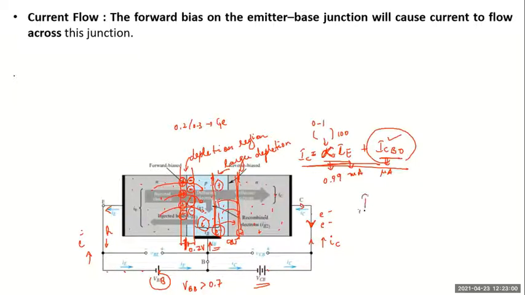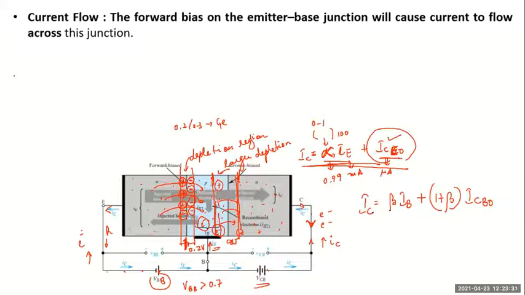If I want to write an expression for collector current in terms of base current, usually we take a different factor beta: beta IB plus (1 plus beta) times ICBO. Here, rather than calling it ICBO, I'll call it ICEO. In the previous case, we'll call it ICBO.